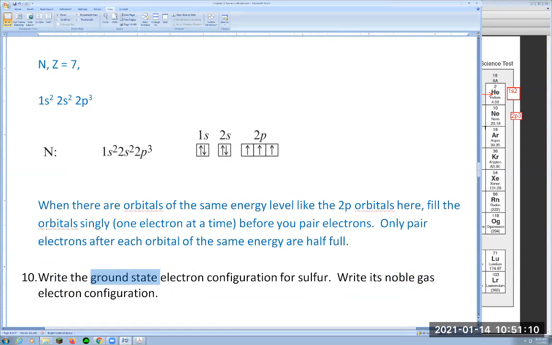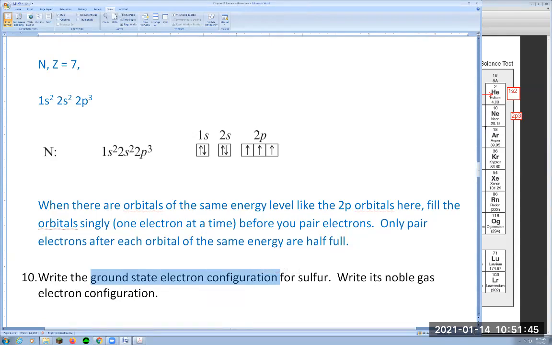Because as you learned in chapter 11, atoms can gain energy and then the electrons will move up into higher levels, and they will be in what we call an excited state. And then the electron configuration would look different. So every time you are asked for an electron configuration, it's always for the ground state, which means the electrons are all in the lower energy levels, packed on the bottom, if you will.